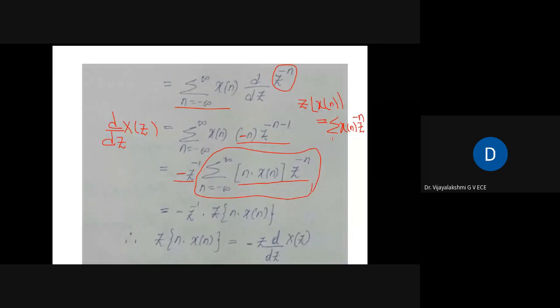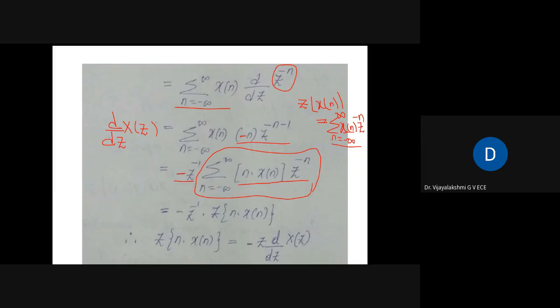So I can write this as Z transform of x of n. Now what can this be written as? Instead of x of n, I have here n into x of n.